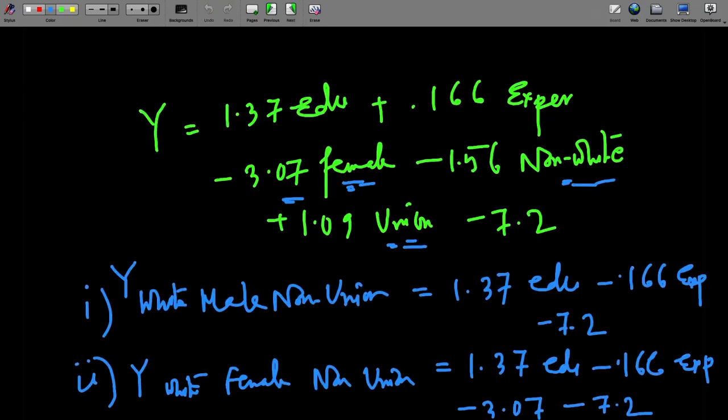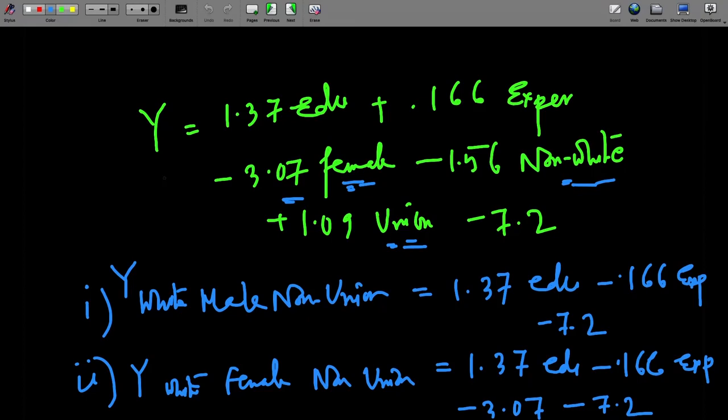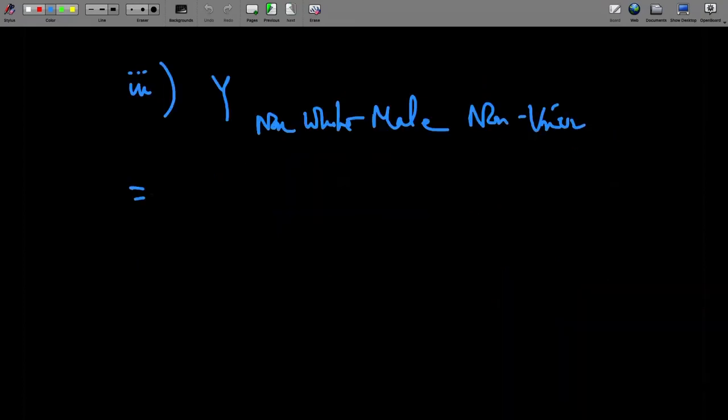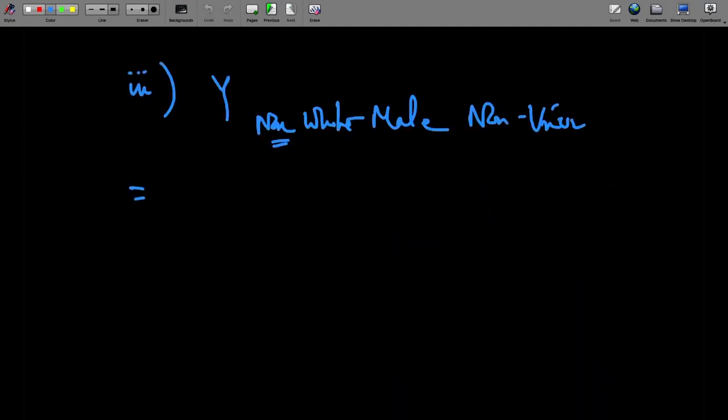In the previous equation I have 1.37 edu, then experience, because it is male, so female is going to be 0, and because it is non-white, now I have the dummy for non-white, that is going to be 1, so I will have a value for this, so it is going to be minus of 1.56, and non-union, so union is going to be 0, so I don't need to bother about this particular variable.